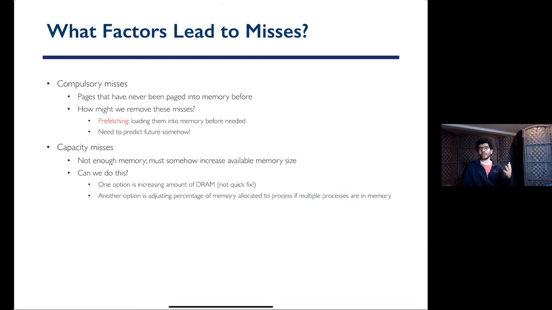So let's assume that you have 4 GB of physical memory, and let's assume that you have 4 processes. So you might make a decision to give each process 1 GB. Now, if you have one process that needs more than 1 GB and another process that only needs few megabytes, then this allocation is going to lead to capacity misses, because the one that needs 2 GB and is allocated 1 GB is going to do demand paging on its own pages because it's confined into that 1 GB.